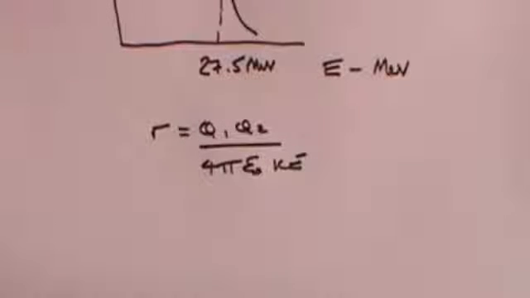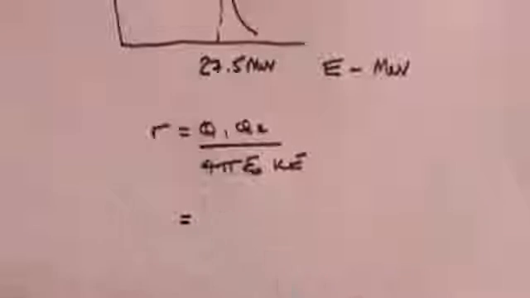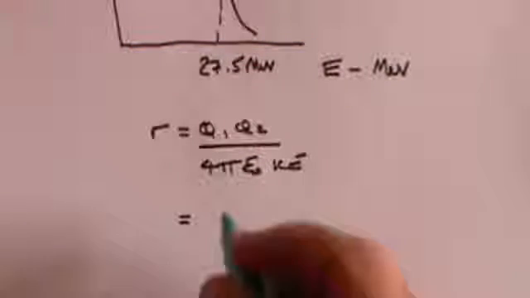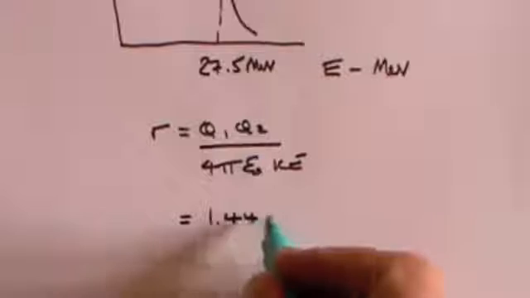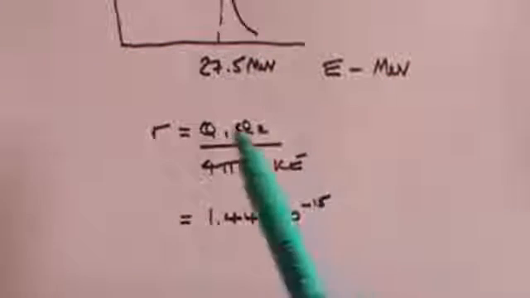And we said that you would simply calculate that by putting in the values of the number of protons in the alpha particle, the number of protons in the nucleus, divided by the energy, multiplied by that constant that we sorted out before. Well, the constant we said was 1.44 times 10 to the minus 15. Now all we've got to do is to put in the values here.